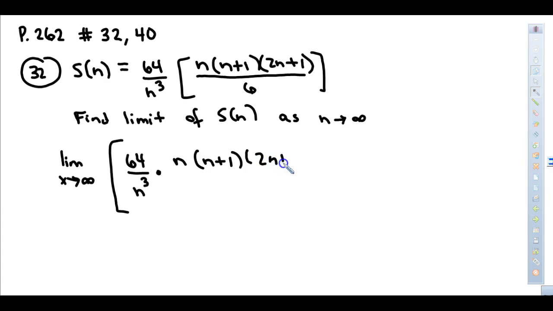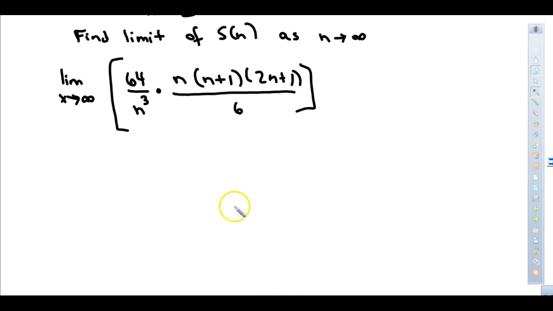Remember, everything we're doing in 4.1 and 4.2, we are laying a foundation for something major in 4.3. So you have really got to understand this stuff. All right, before we take a limit, what do we do? We simplify.